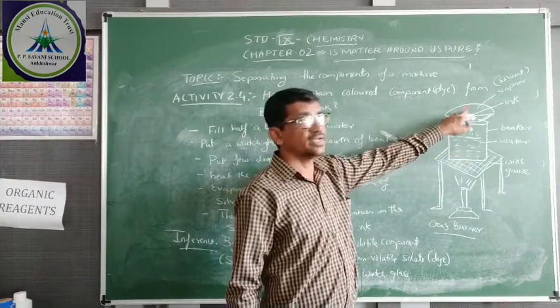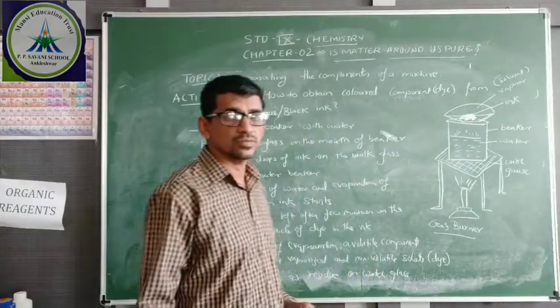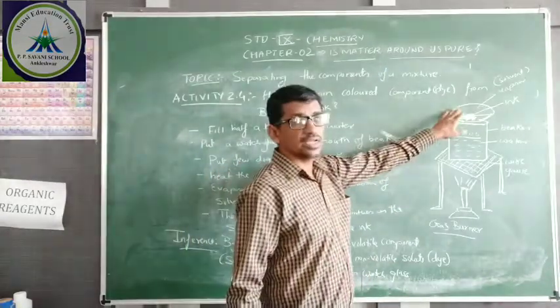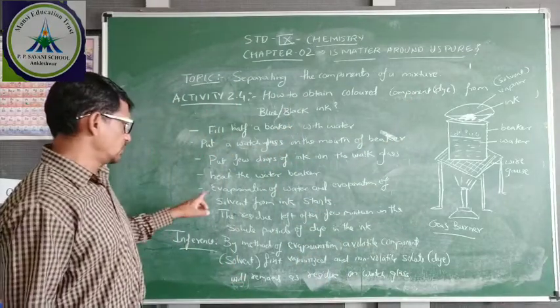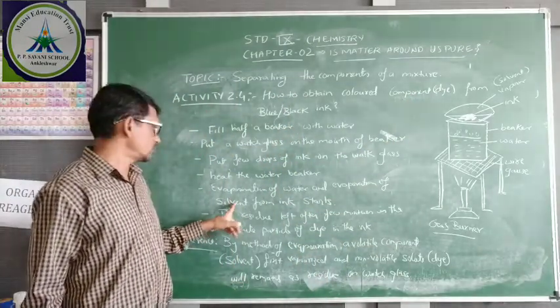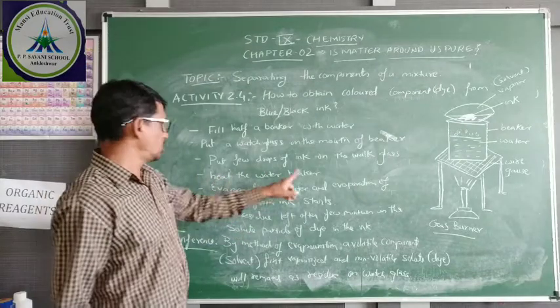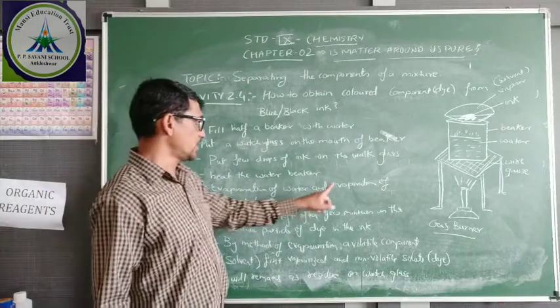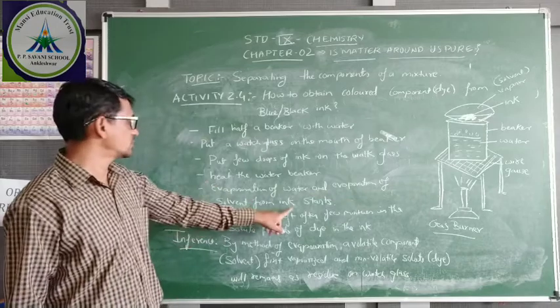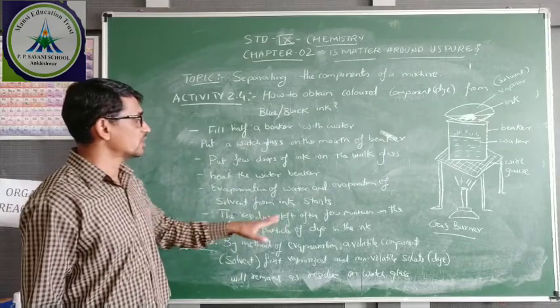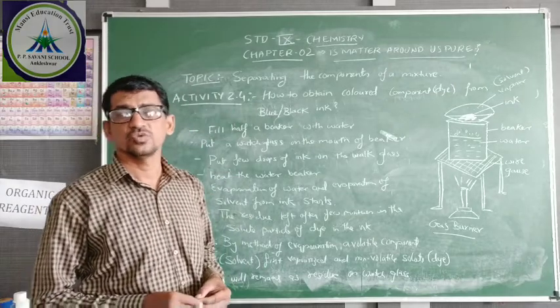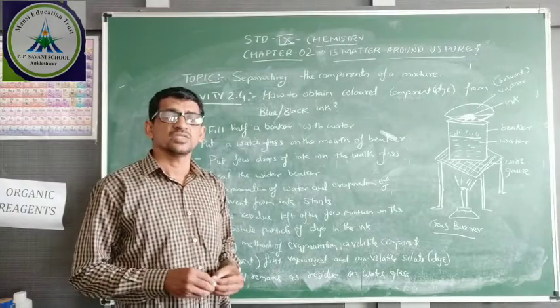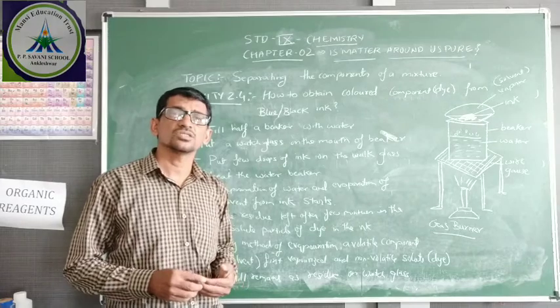This vapor will hit the ink, and it tries to vaporize the component that is the solvent. So heat the water beaker, evaporation of water and evaporation of solvent from the ink start. Heat for 5 to 10 minutes. The residue which is left is nothing but the crystals.